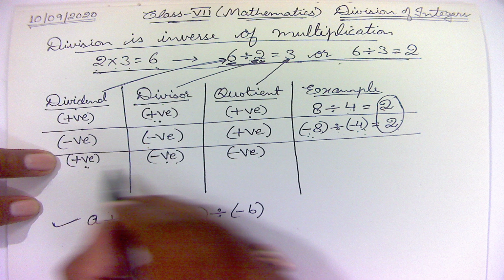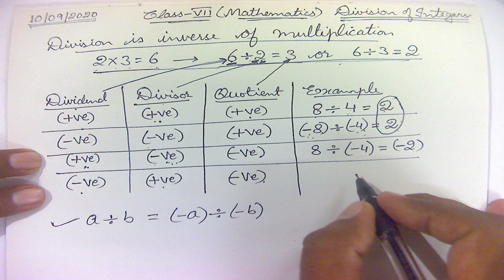On the other hand, if your dividend is negative and your divisor is positive, means you are dividing a negative integer by a positive integer, in that case also your quotient will be negative, like minus 8 divided by 4.